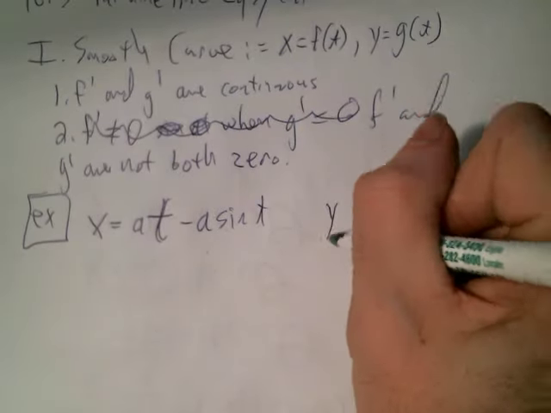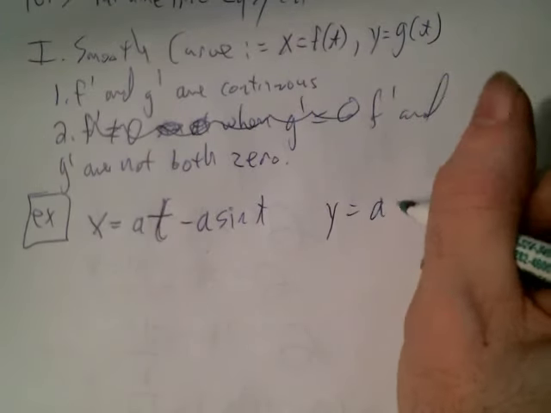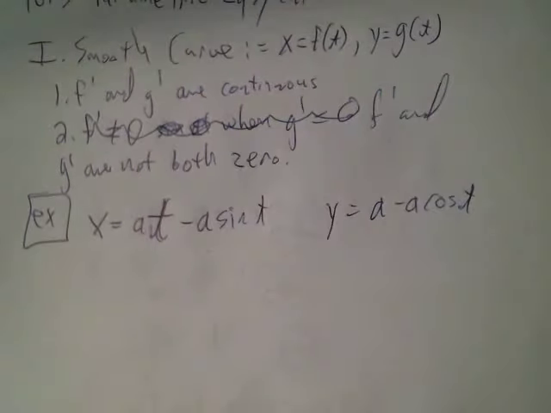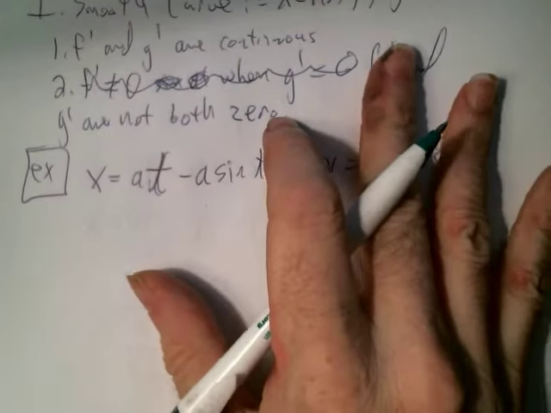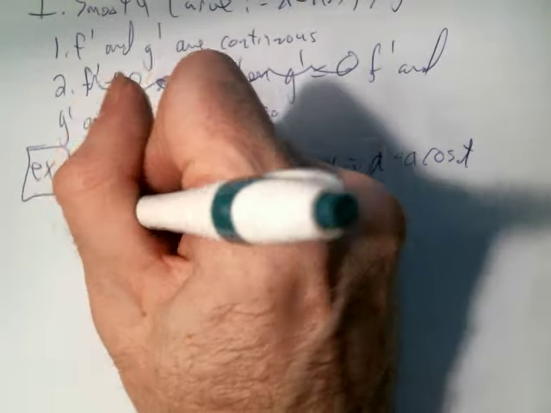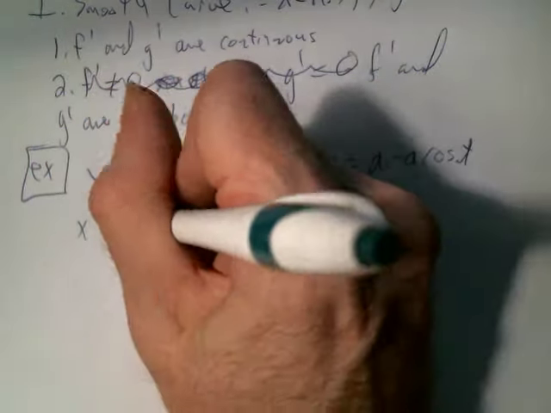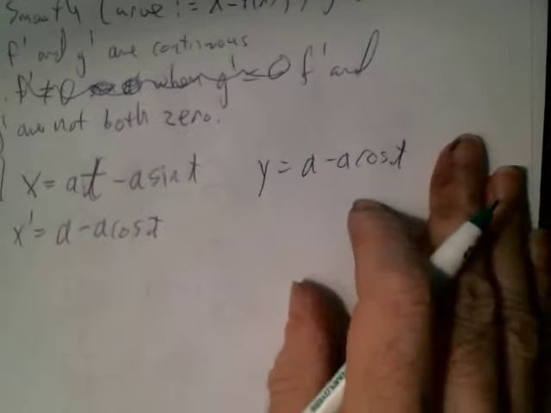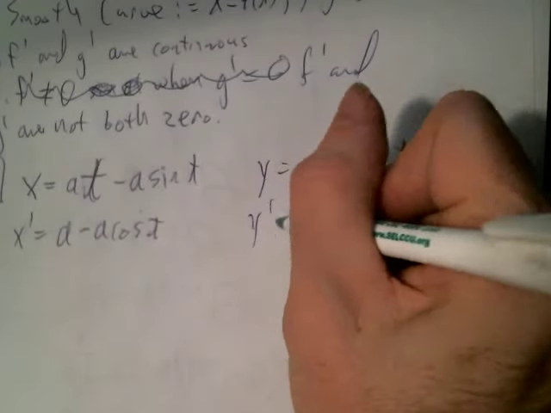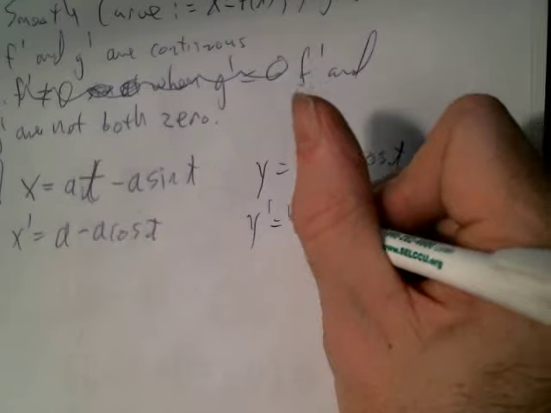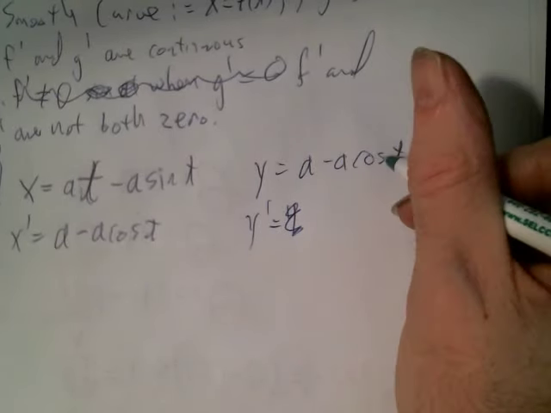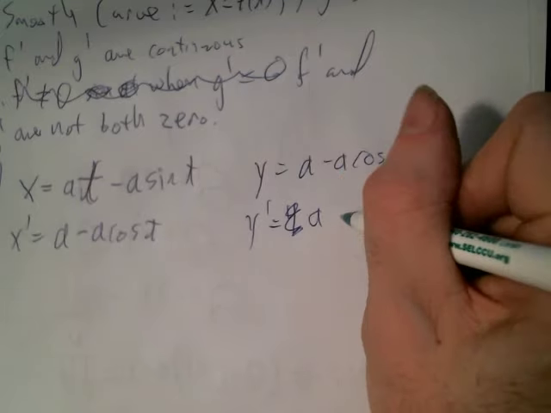And then our y formula is going to be a minus a cosine t. Okay, so you take the derivatives. x prime is going to be a minus a cosine t, and then y prime is going to be 0 minus a times negative sine t, so just positive a sine t.